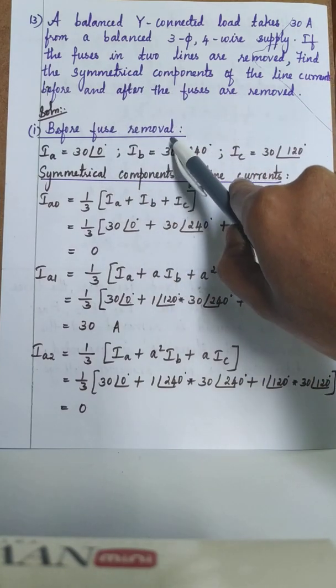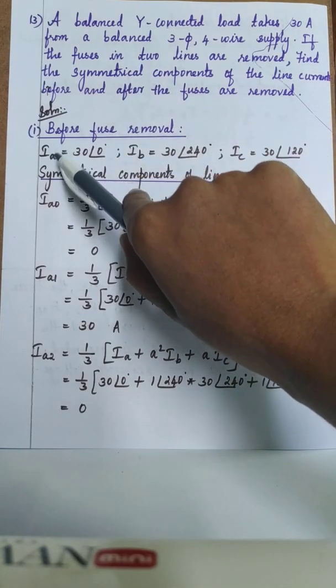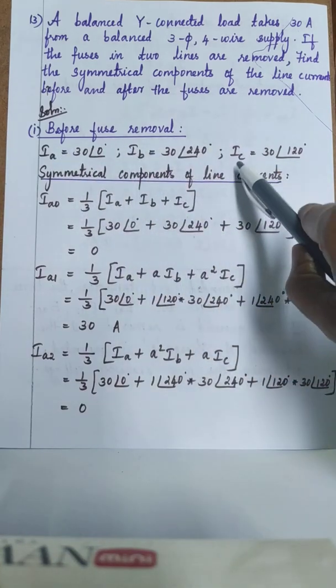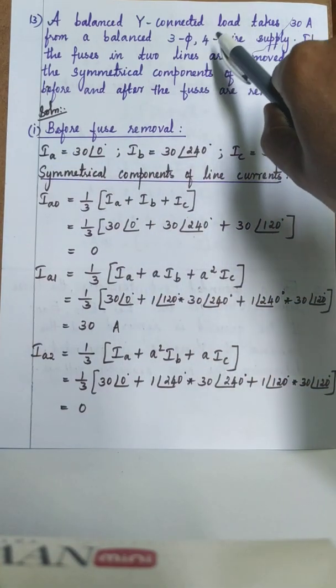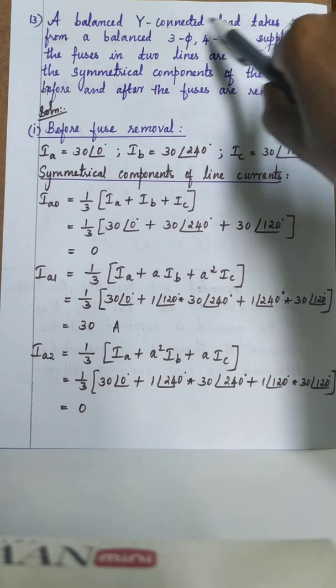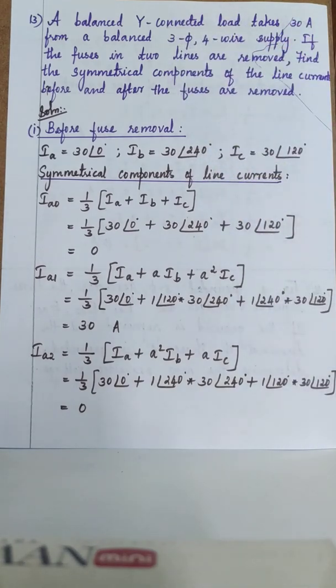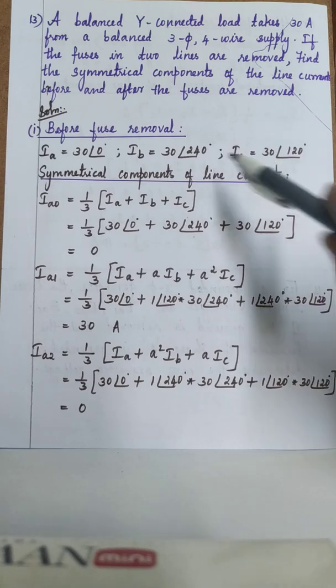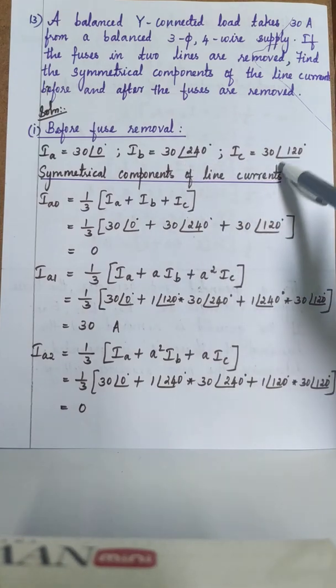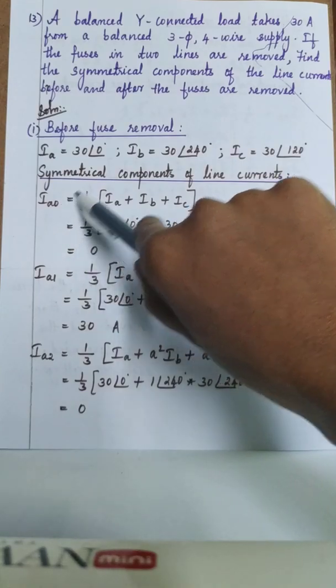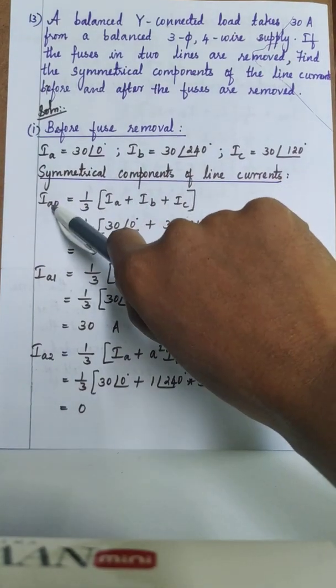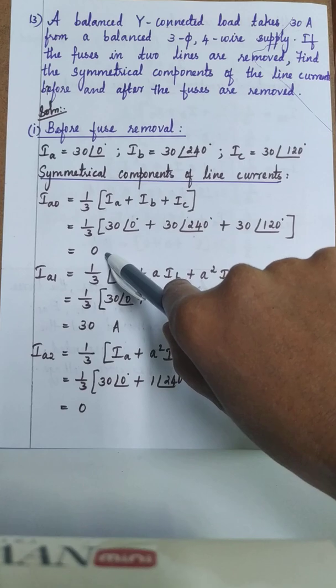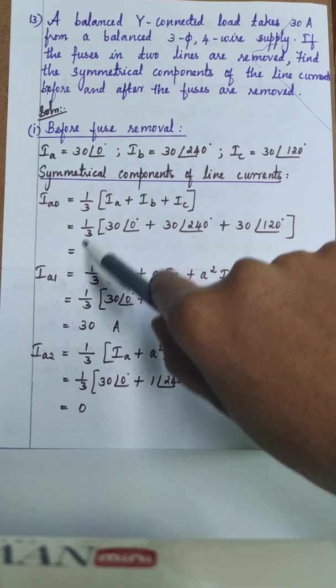Before fuse removal, what are the three line currents? IA, IB, I small c. It is a balanced load, balanced supply, so magnitude is given. Considering IA as the reference, we can write the other two currents: IA is 30 angle 0, IB 30 angle 240, IC is 30 angle 120. Now the zero sequence component of line current IA0: write down the formula, answer will be 0 amperes.